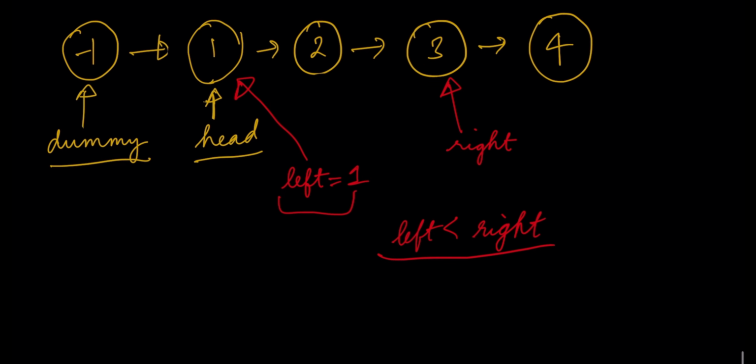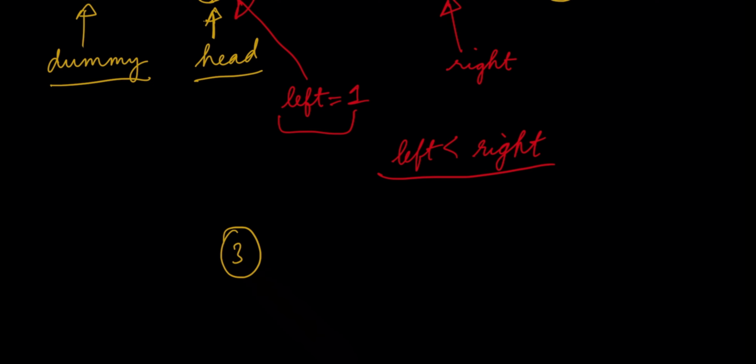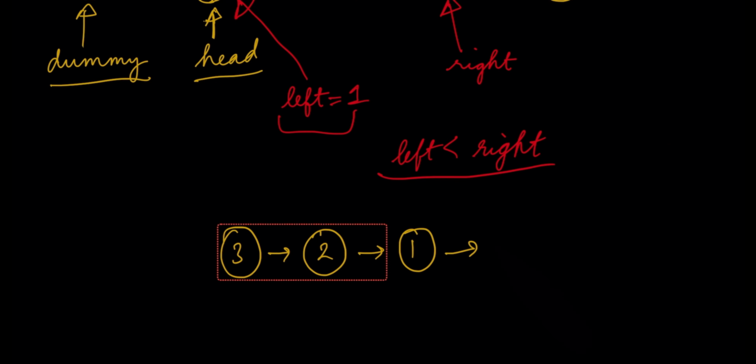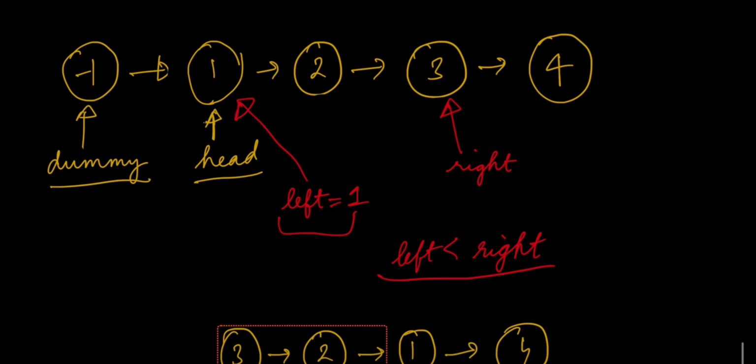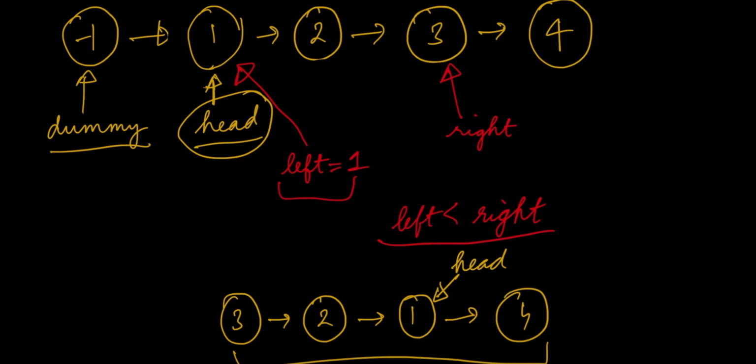So for this case, what is going to be the output linked list? The output linked list, it's going to be 3, 2, 1 and 4. So here we have this output linked list, and here we cannot simply return the head, because the head of the original linked list would come here, which is the third node of the output linked list, and this is basically the new head.